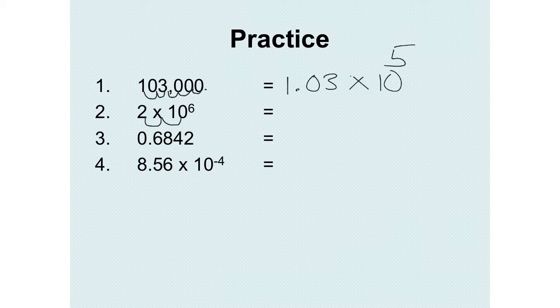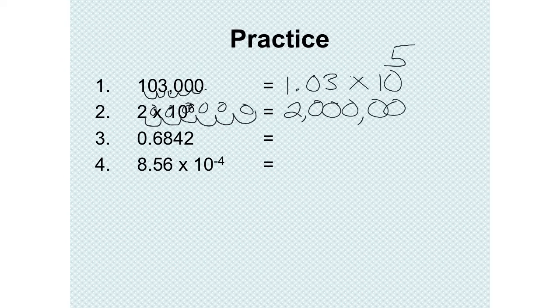So 1, 2, 3, 4, 5, 6. Then you go back and you add in 0. So it's going to be a 2 with 6 zeros. So that is going to be 2 million. And hopefully you remember doing this back in junior high math class.